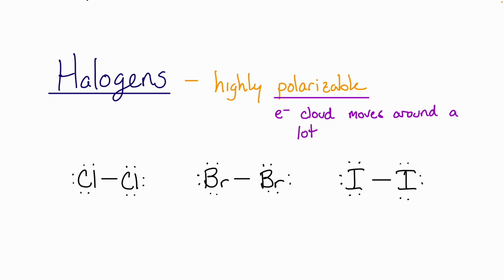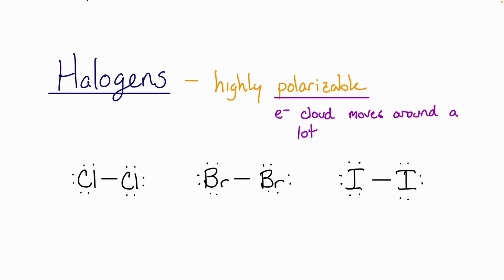So even though these molecules, strictly speaking, would be nonpolar, every single thing up here would be nonpolar, if we looked at an electron cloud on one of these halogen atoms, it's actually moving back and forth quite a bit, to the point where every once in a while it's shifted all the way over, and now all of a sudden that positively charged, whoops, I was doing that in blue.